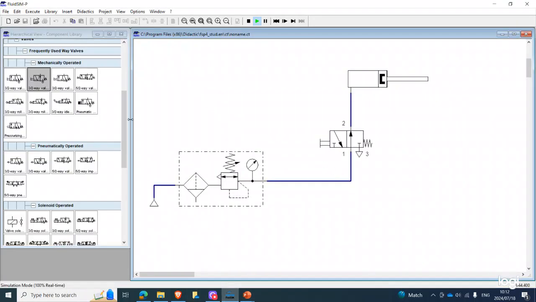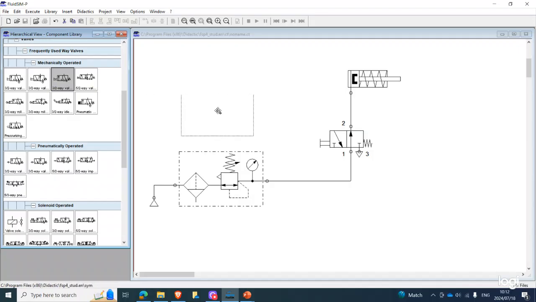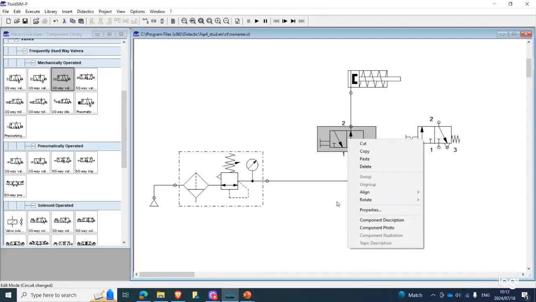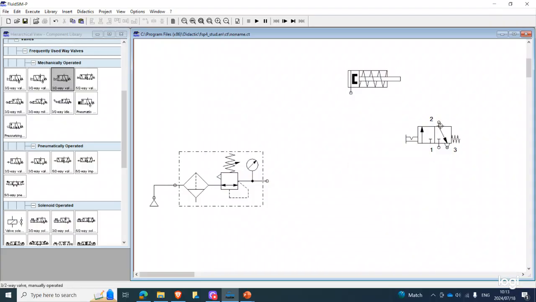So now, the three-ways that we've been using are not latched, right? So now I'm going to introduce a new button, which is called a three-way selector switch, right? So now, if you see this three-way valve, it's a normally open three-way selector switch, right? So a selector switch, when I press the push button, it's going to stay there, right?